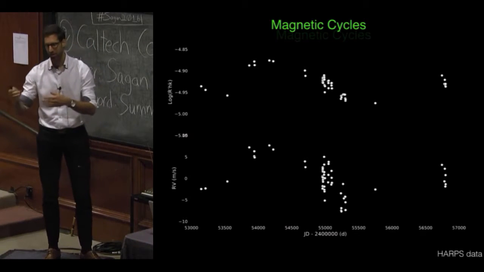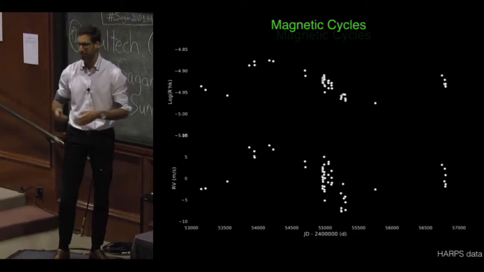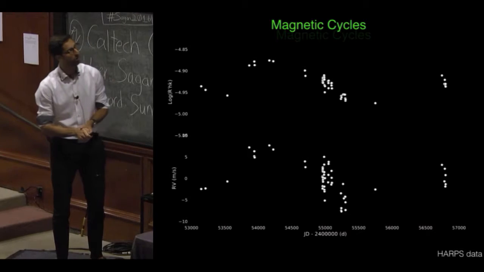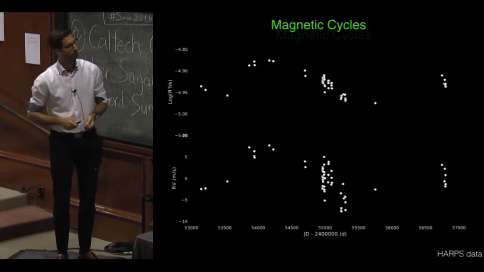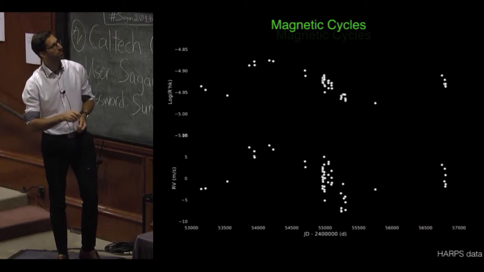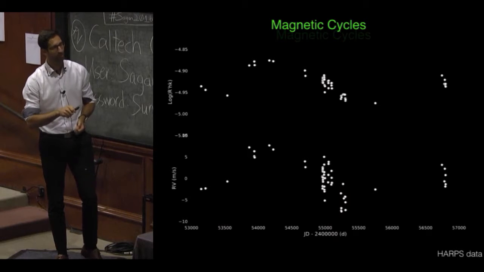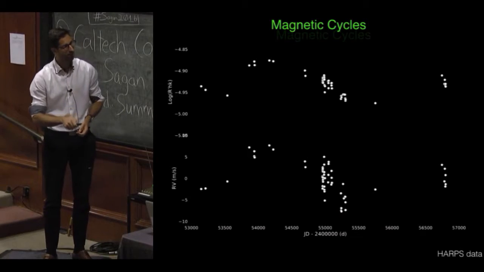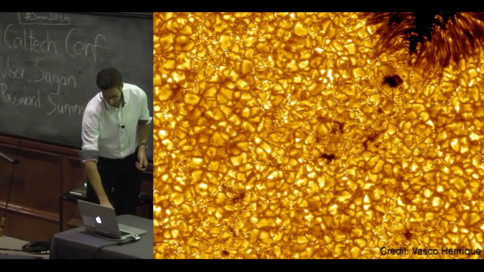So on the sun, you know that you have the number of spots that change as a function of time, and this is the magnetic cycle of the sun. So this is a real observation of one star that we have been observing with HARPS over, I don't know, 10 years or so. And you see this variation as a function of time. So we detect on this star a magnetic cycle. But then if you look at the radial velocity, you see a very similar trend here. So where is this trend coming from?